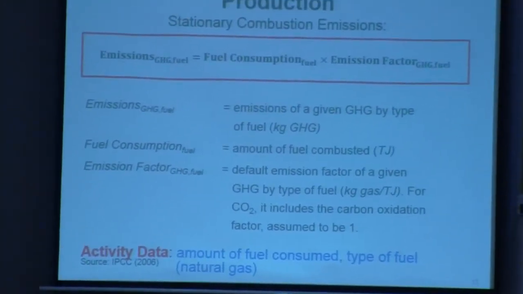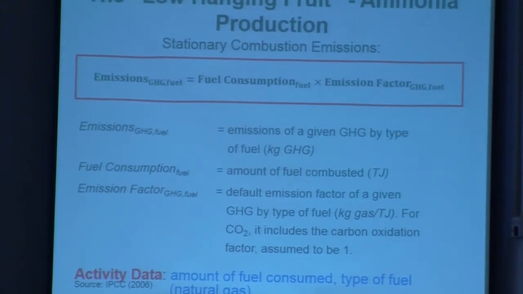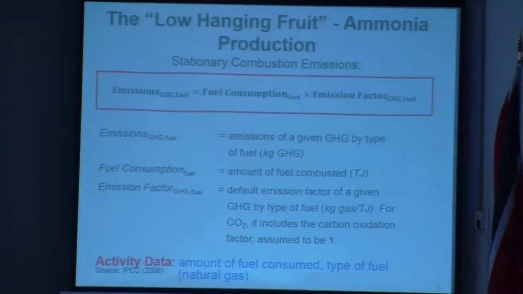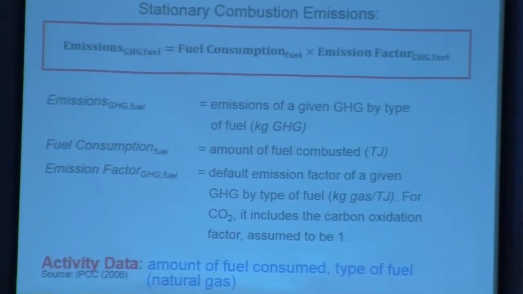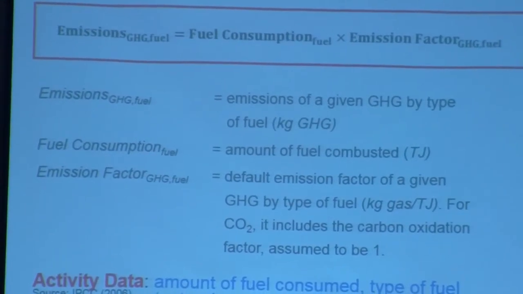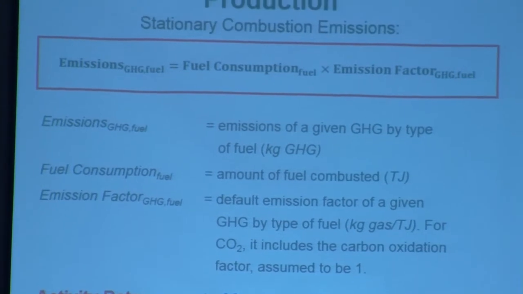The percentage that goes to produce heat, we've utilized this simple tier 1 approach to quantify the volumes of CO2, not CO2 equivalent, volumes of CO2 emanating from ammonia production. And you realize for this we needed fuel consumption data.